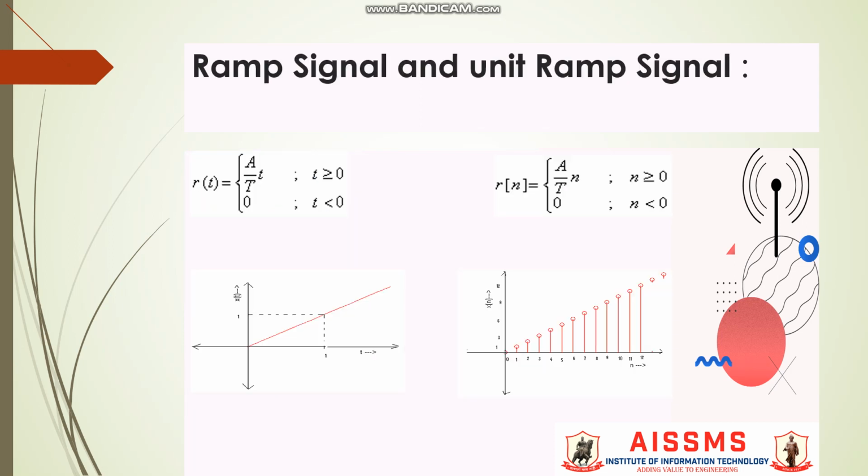The next signal is a ramp signal. It is denoted by r of t in CT domain and r of n in DT domain. A is the slope of the signal. If the slope is 1, then it becomes a unit ramp signal. The plot of the signal in CT and DT domain is as seen.